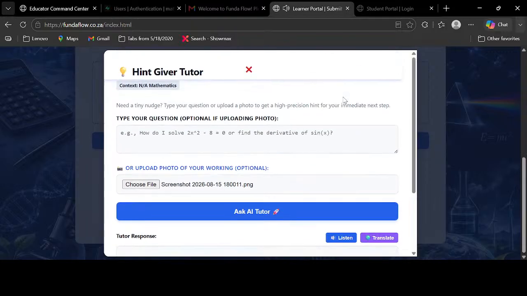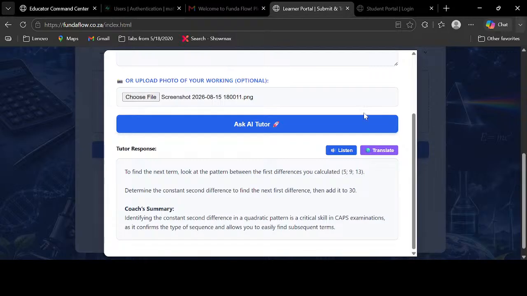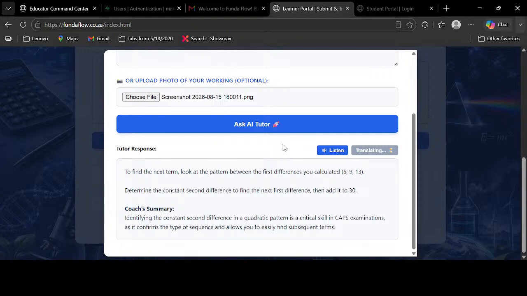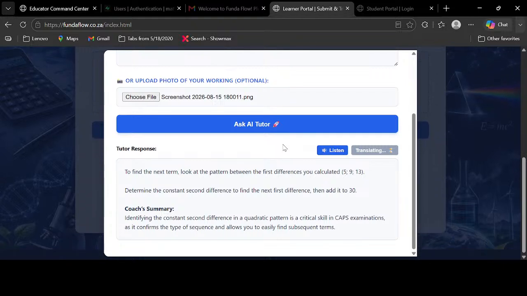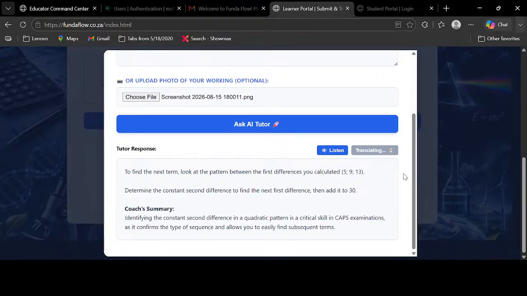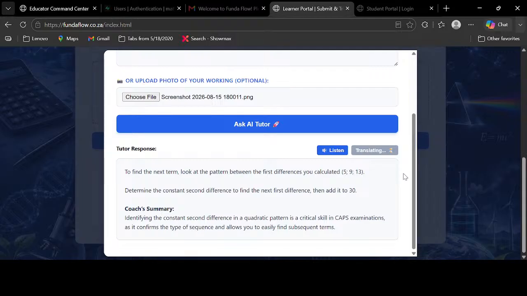Okay, translating it, what is it going to say in your language? It's busy translating.